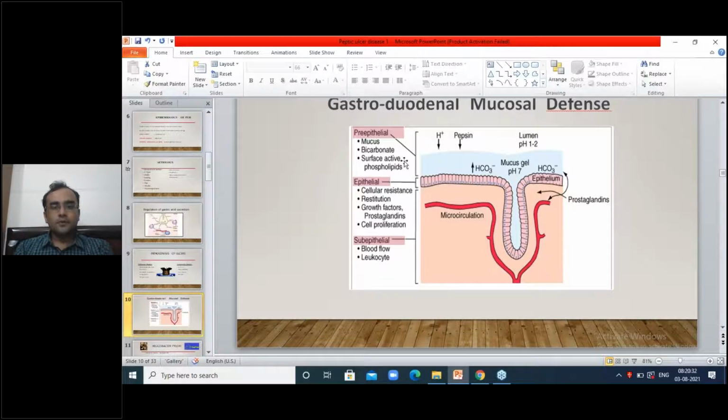So again, this is a diagram showing the gastroduodenal mucosal defense. Basically, this is the mucus layer, and it contains bicarb, which neutralizes the hydrogen ion, and thus it prevents damage to the epithelial layer from the acid.